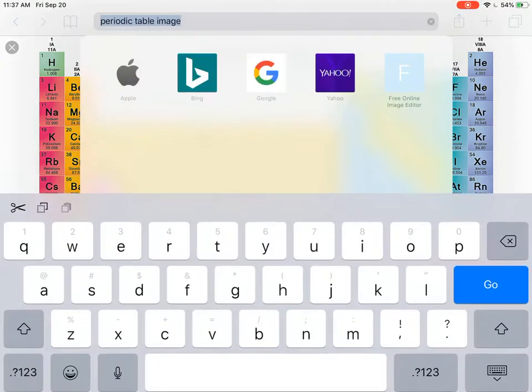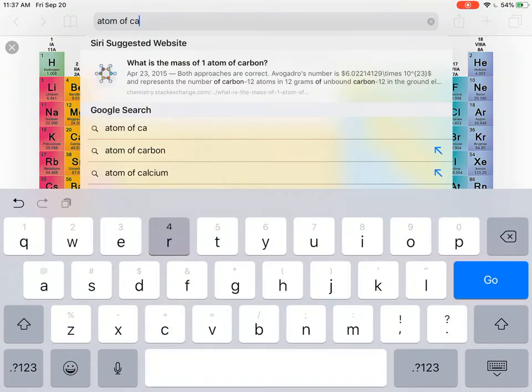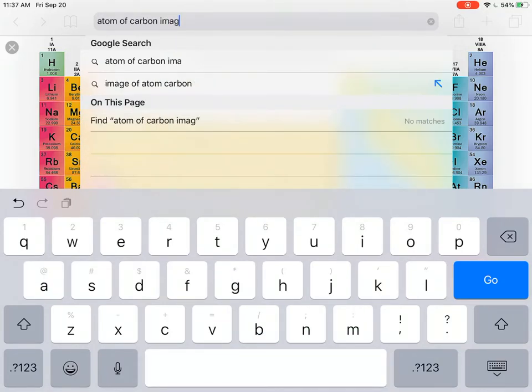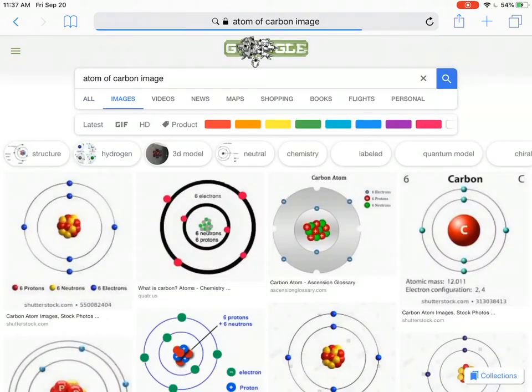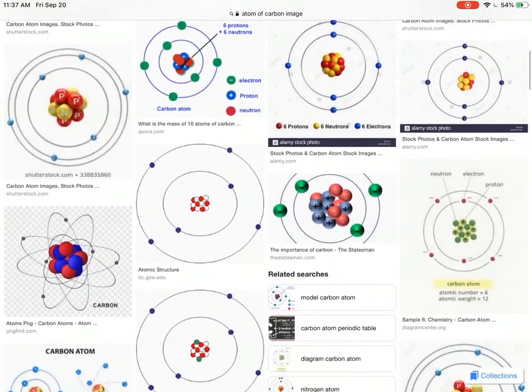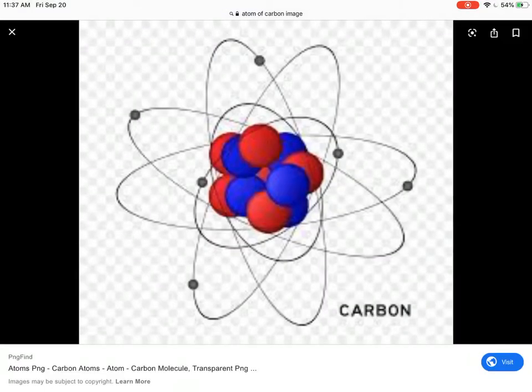I also want to show you an atom of carbon image that is three-dimensional. We are going to look at a Bohr model, which is flat, but here is hopefully a little bit of a better image. Here's a good one, I guess.